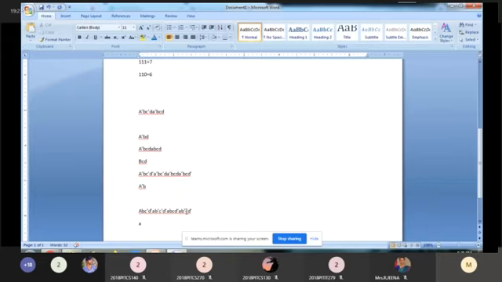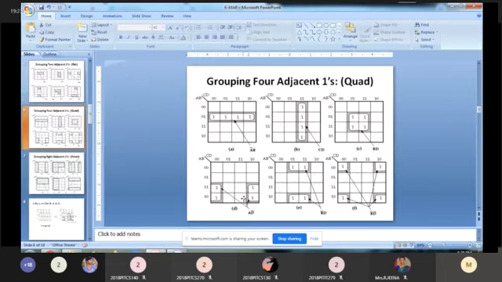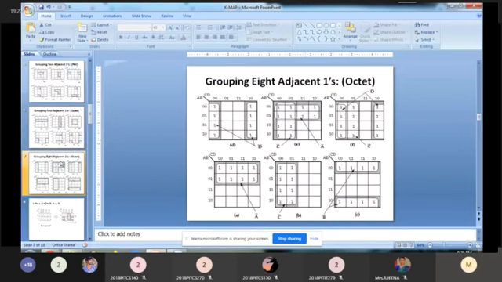This is C. So 2 C bars and 2 C's are there. So you have to cancel both the C and C bars. Then D bar, D bar, D bar, D bar. 4 D bars are there. So you have to consider only 1 D bar. So your answer is A D bar. Okay. Like this, you have to group the ones and write the expressions. Okay. Next.